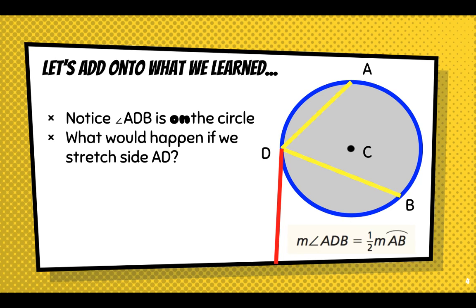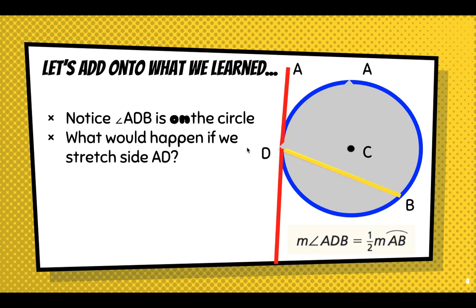What would happen if we stretch side AD? If we took this yellow side and pulled it out, you can see that it opens this angle up and makes it bigger. In fact, we're going to stretch it so much that it becomes tangent here. Now A gets pulled over there, and we get rid of that.